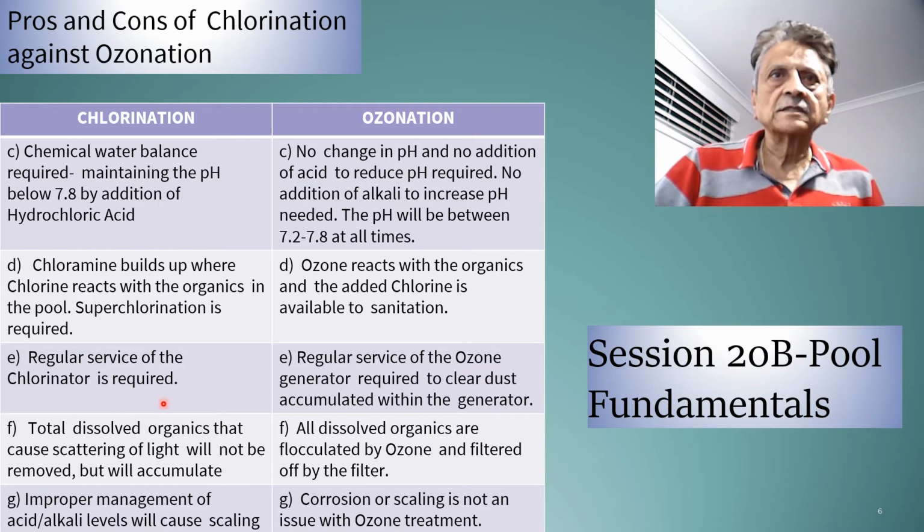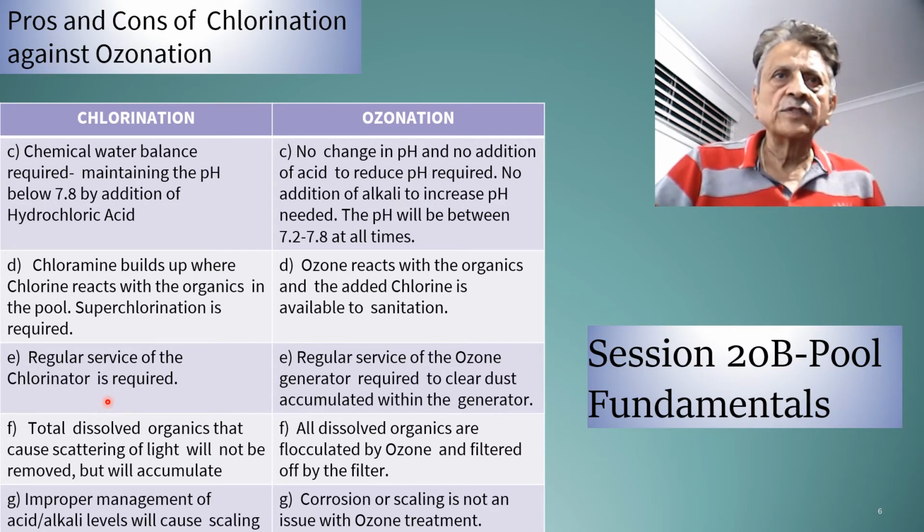When the pool is treated by chemicals like chlorine, as you would know, the dissolved organics are not removed completely, even though some of them will be removed by chlorine, either through precipitation or reaction. But the dissolved organics will continue, like colloidal solutions that pass through the filter and come back into the pool.